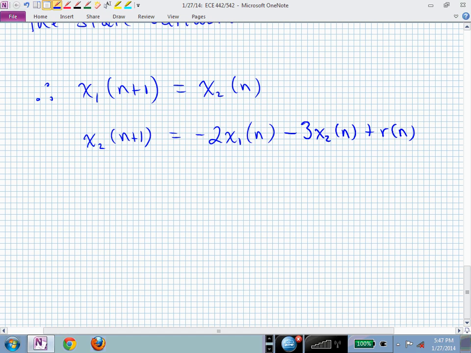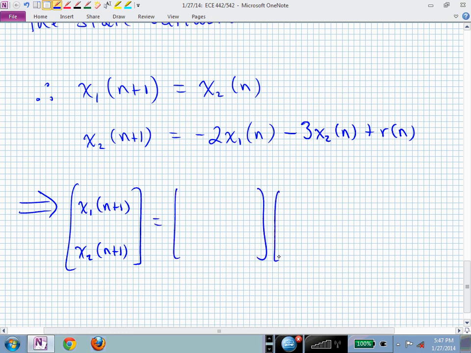I'll do that in a minute, but let me put this into matrices, meaning now I have a column vector of state variables advanced by 1 unit of time. Here's x sub 1 and x sub 2, both at time step n plus 1. That's equal to some matrix, and that system matrix is always going to be square because I have 2 outputs and 2 inputs to that particular matrix.